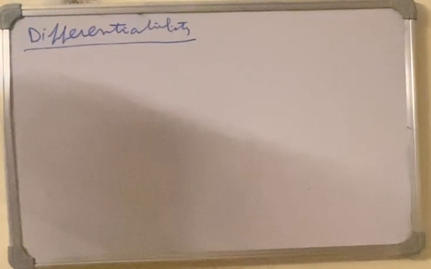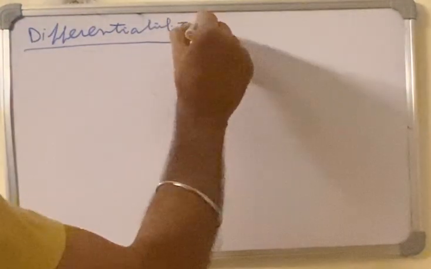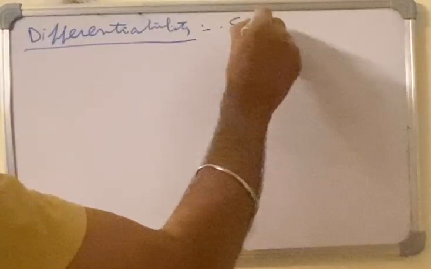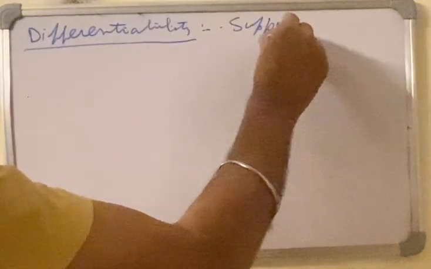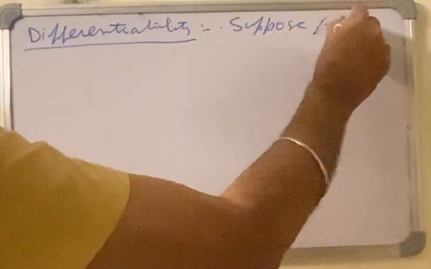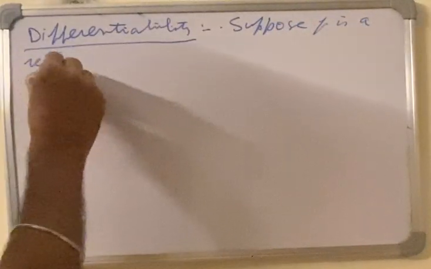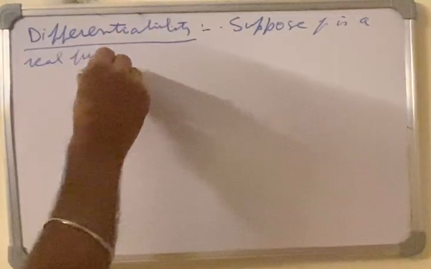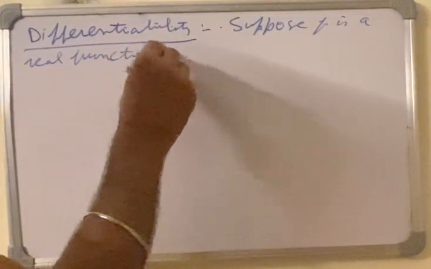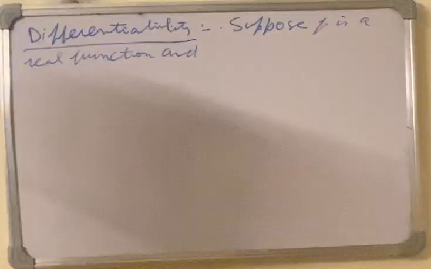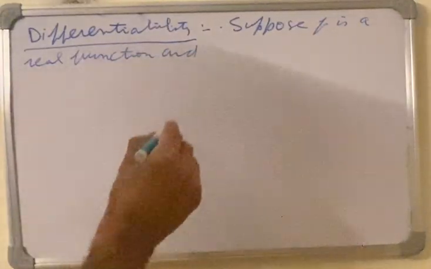Suppose f is a real function and c is a point in its domain.